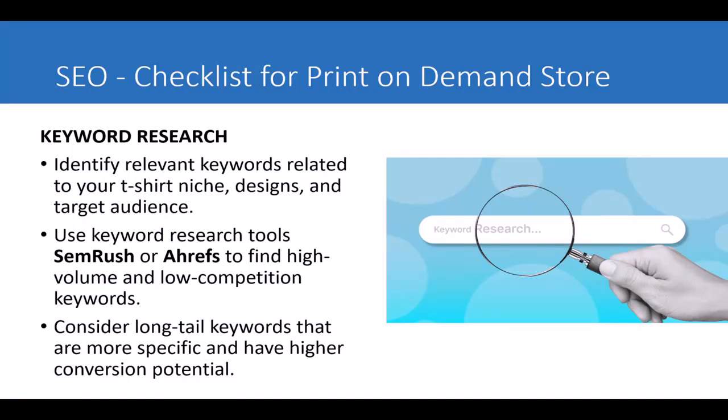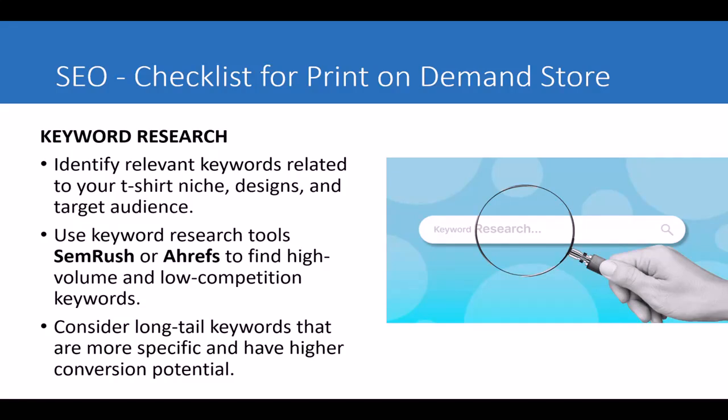There are keyword research tools that you can use. There are so many of them out there, but the two biggest platforms are SEMrush and Ahrefs. You can use them to find high volume and low competition keywords. SEMrush has a monthly subscription of about $100, and Ahrefs is also a paid tool.